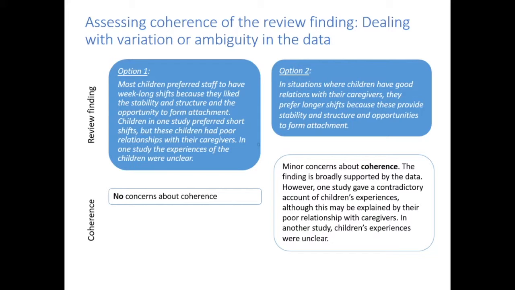Children in one study preferred short shifts, but these children had poor relationships with their caregivers. In one study, the experience of the children was unclear. So there we've been true to the data. It's more or less a match. This is what the individual studies said. So we don't have any concerns about coherence. However, you may say, okay, that's a complex message to give to the end user, for instance, somebody planning child institution services.